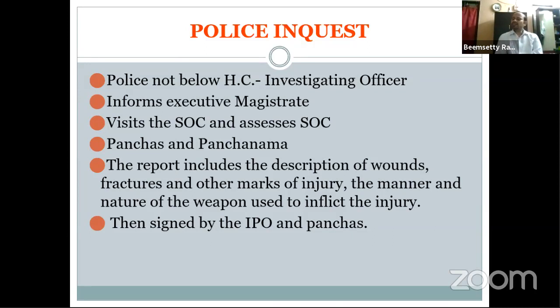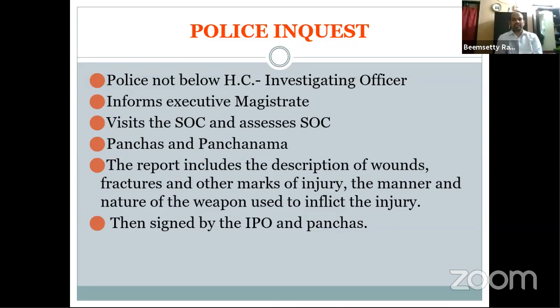And what does the report include? The report includes the description of the wounds. As I told, he'll assess the scene of crime and look at the dead body. He'll give the description of the wounds, whatever injuries are inflicted on the body, the fractures and other marks of injury, he'll note down.